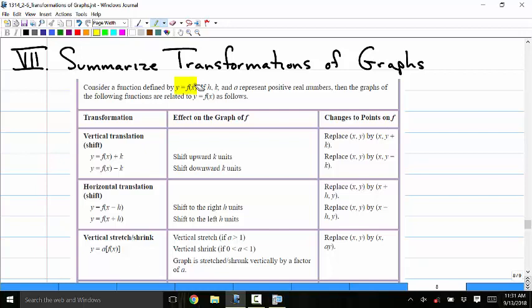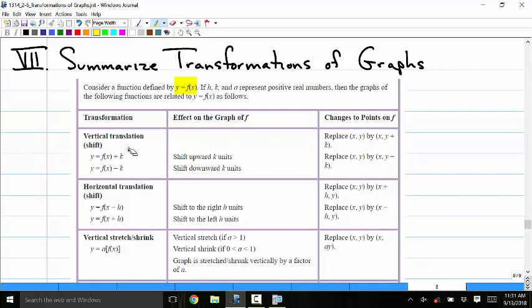What did we do to those parent functions? We did vertical movements. If you added a number outside of the parent function, that moved it which way? It moved it up. If you added a number outside of the parent graph, like x squared plus 7, it goes up 7.